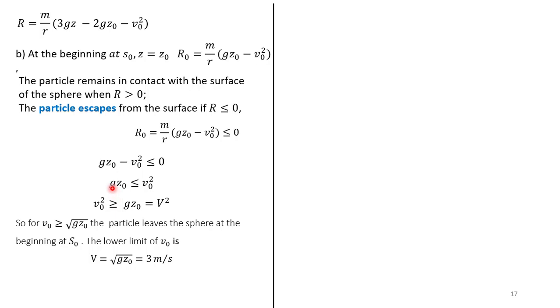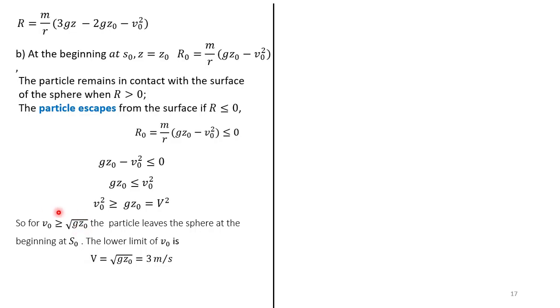And finally, we can find that gz0 is smaller than or equal to v0 squared. So we obtain that v0 squared is larger than or equal to gz0. This means that if we take the radical of this expression, v0 is larger than or equal to the radical of gz0.